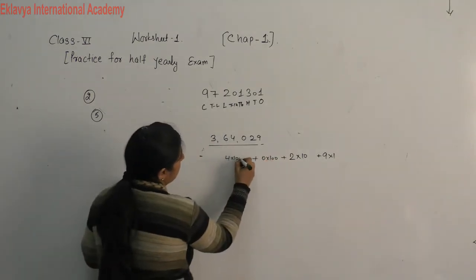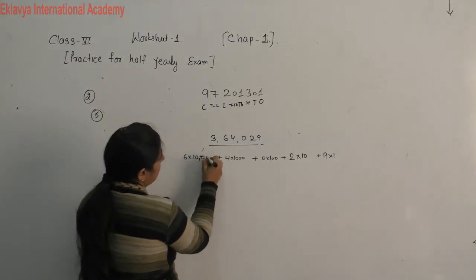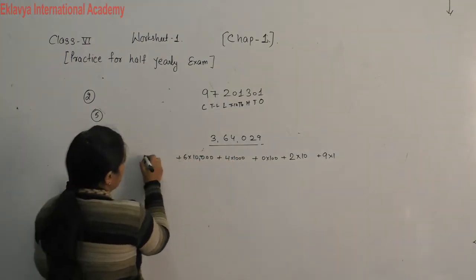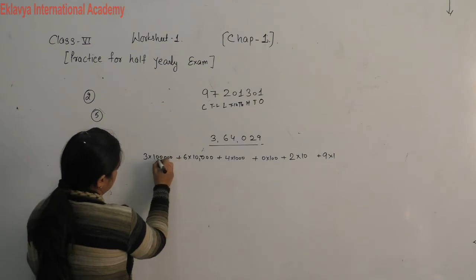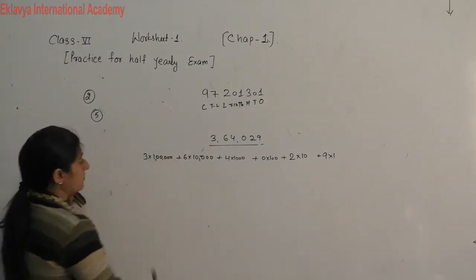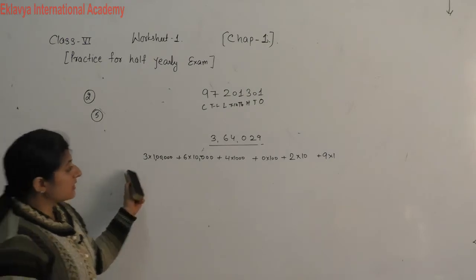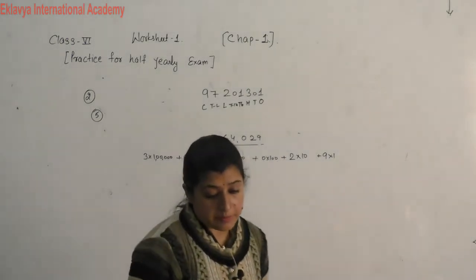Thousands digit multiply by 1000. Ten thousands digit multiply by 10,000. And lakh digit multiply by 1 lakh. So this is the expanded form of the given number.